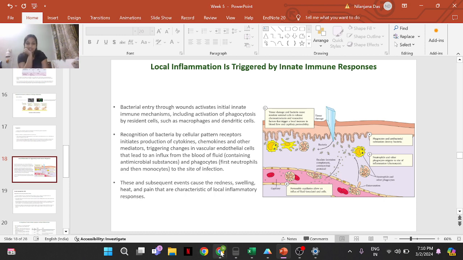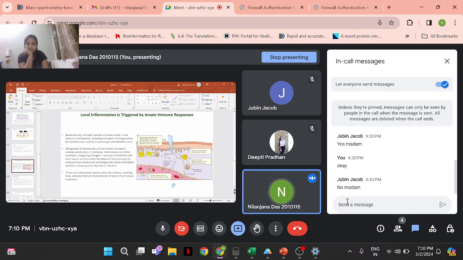So any doubt is there? If any doubt is there, you can write in the text box also.